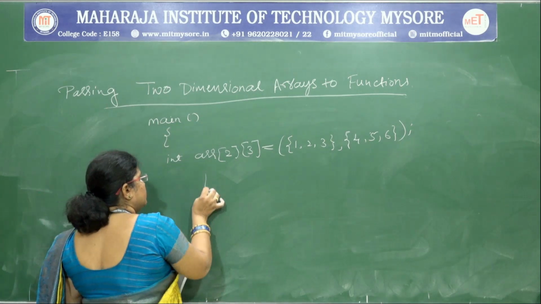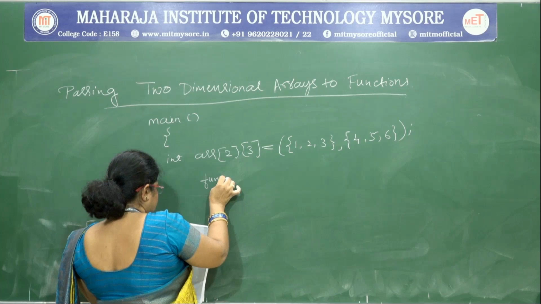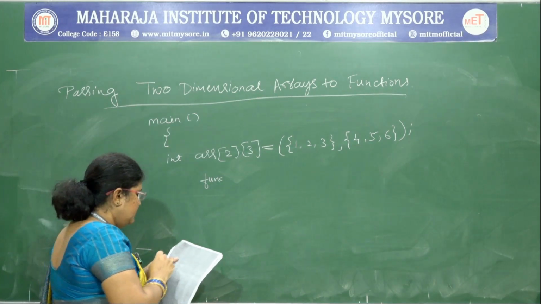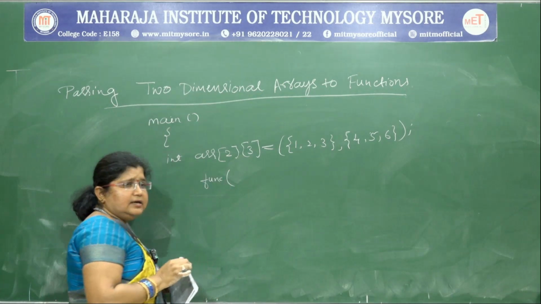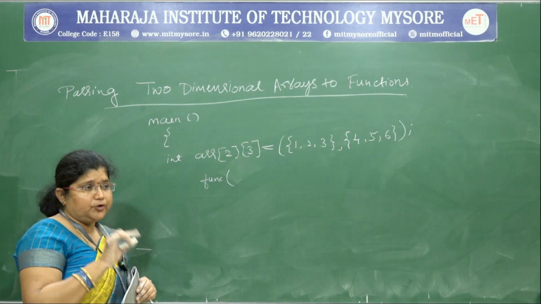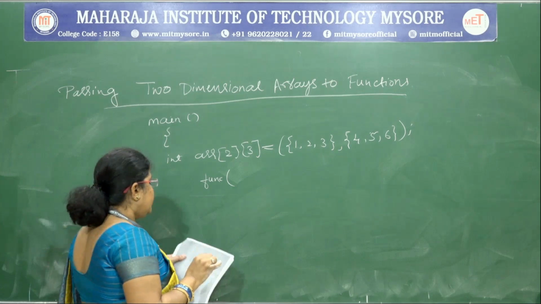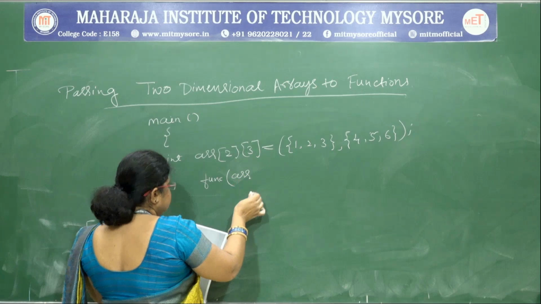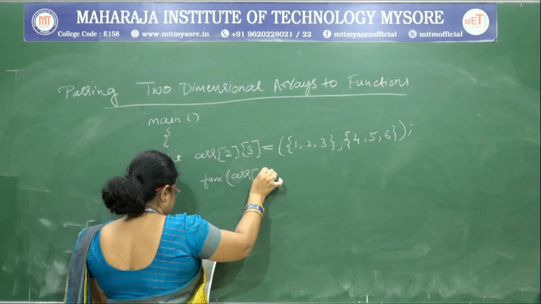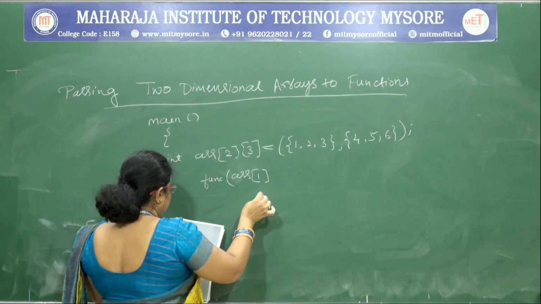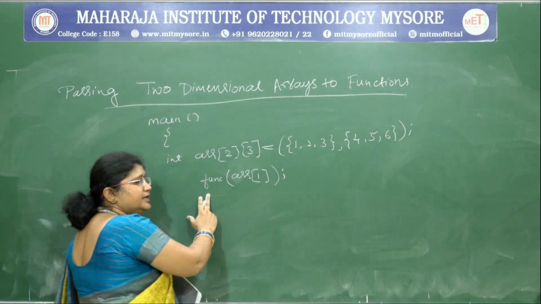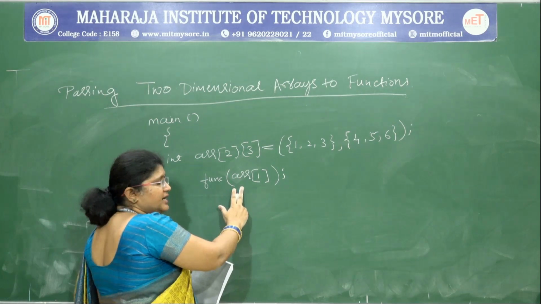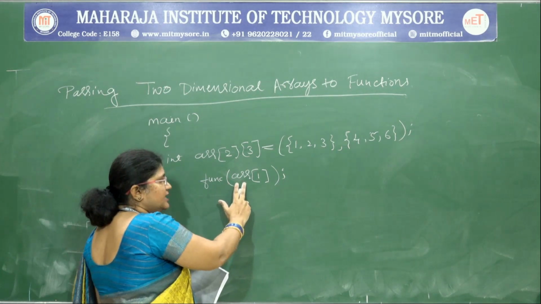Next we are trying to call the function. The function name is func, and we are passing the array of one row. That is, whenever you are passing the first row, we pass it with the indexing arr[1]. Here the function func is called with the parameter arr[1].